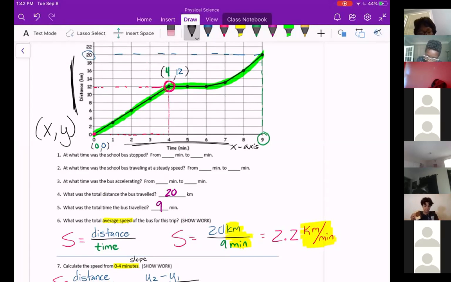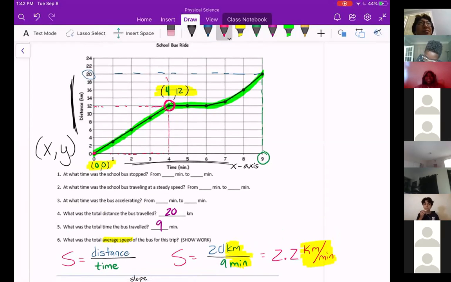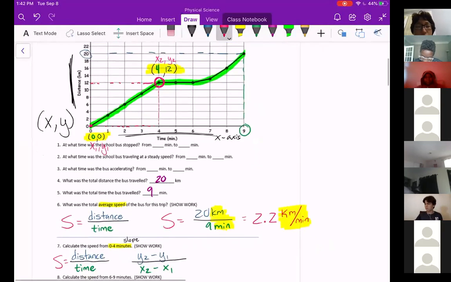So down here, this first one right here is the first x and the first y. This is the second x and the second y. So this is x2, y2, this is x1 and y1. Now we're just going to plug these numbers in.